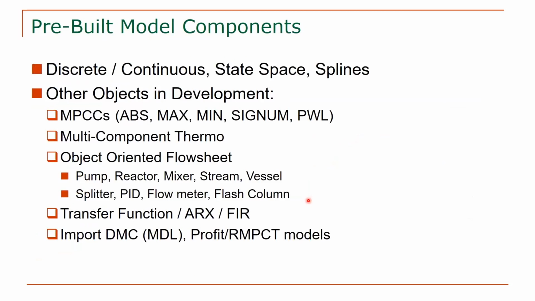We're also doing some pre-built model components. Building models in Python gives you a lot of flexibility. However, you are restricted to using the Gecko variables and special variable types, and some of the standard Python math, some trig functions, error function.